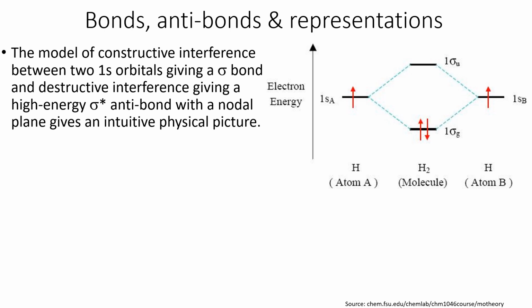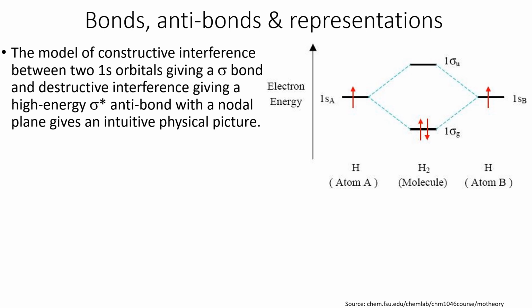Where they destructively interfere, it gives you the antibonding orbital. The logic is that where there's constructive interference, the wave amplitudes add together to give you a significant amplitude between the two nuclei, and this is where the bonding electrons live. But where there's destructive interference, you get cancellation to 0 between the two nuclei, leaving the only electron density on the far sides of the nuclei.